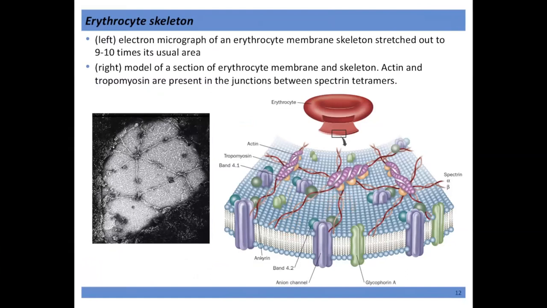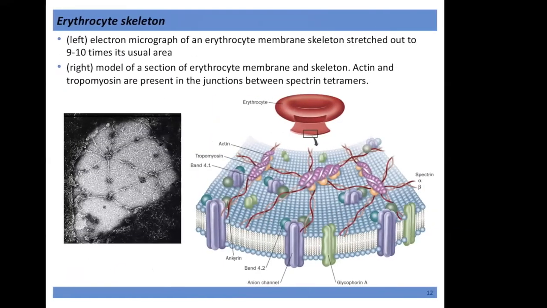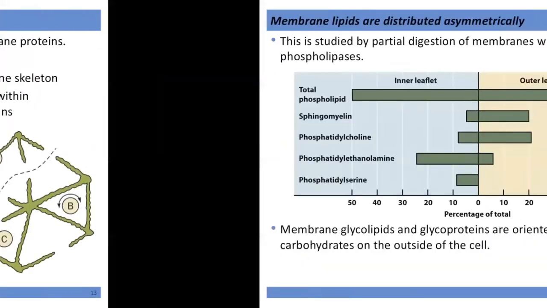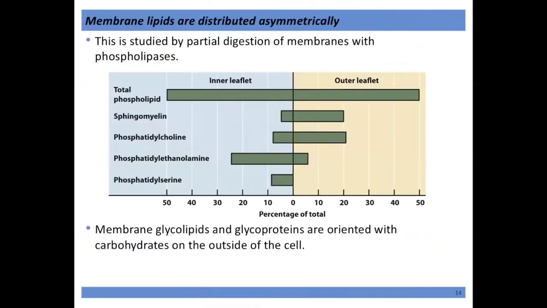I'll say that's not going to happen, but there are proteins that can find the holes in the cytoskeleton and be able to diffuse freely, or their interaction with the membrane is such that they're not going to be inhibited in their movement by the cytoskeleton. Okay. So that's what we'll leave with the cytoskeleton, is that there's a lot of interconnected proteins that offer structure to the cell, as well as places for proteins to be anchored.